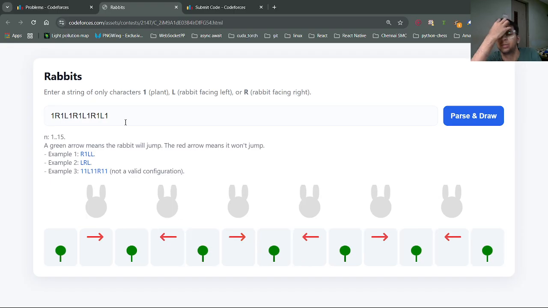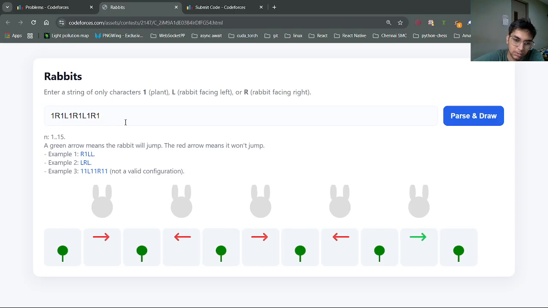Oh my God. So does this simply mean that we have to check whether there is an odd number of rabbits? Because here there are six rabbits, so six rabbits are fine, but five rabbits are not fine.